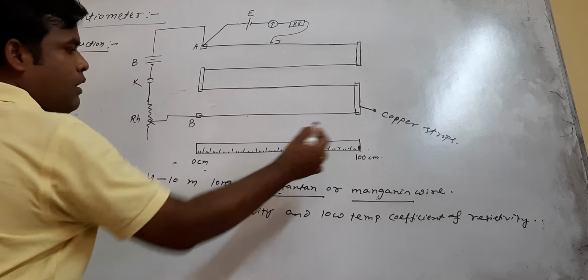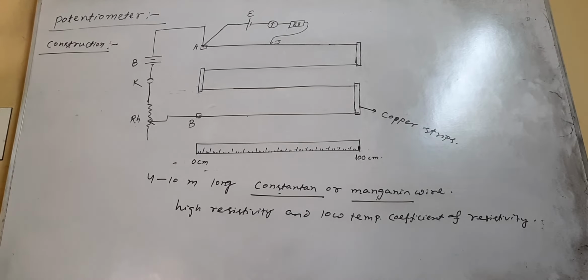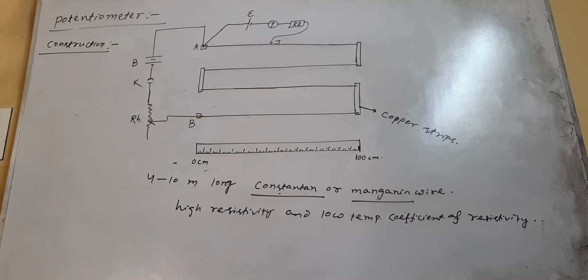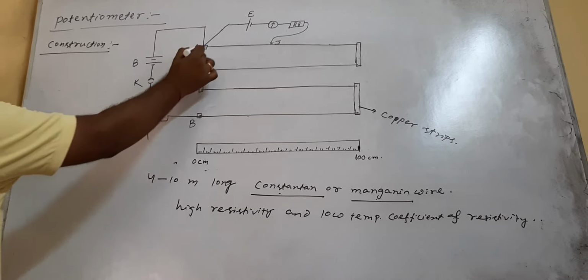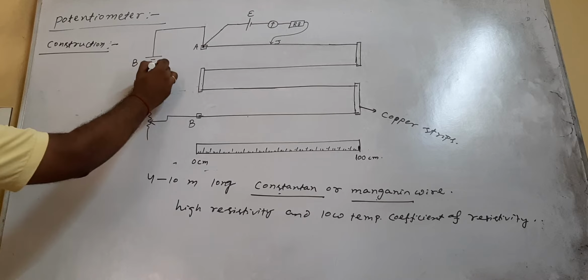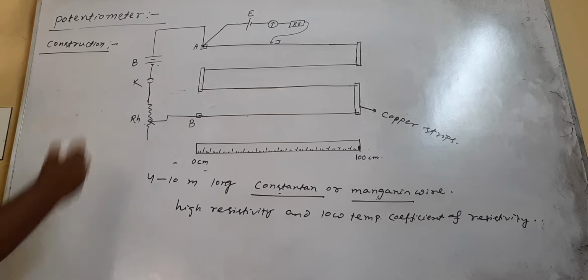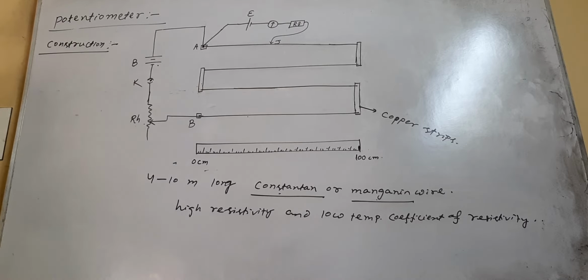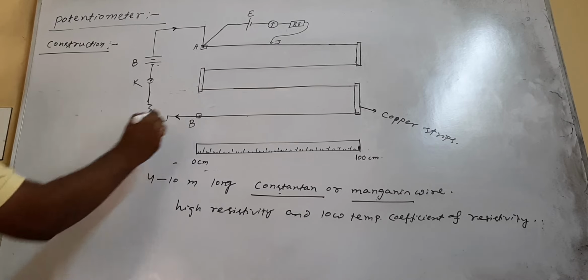You see, it is the meter scale, 0 centimeter to 100 centimeter. Here we have taken a 4 meter long potentiometer. The two ends of the wire are connected to a battery and a rheostat through a key. When you close the key, then current flows through the wire.